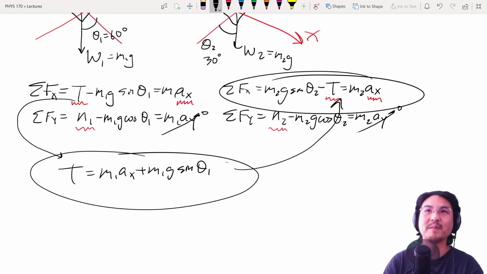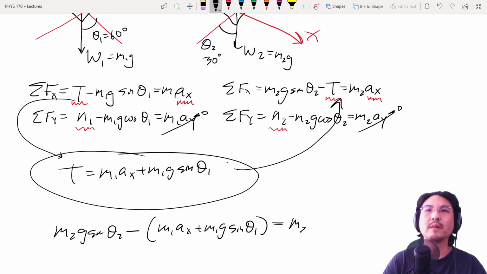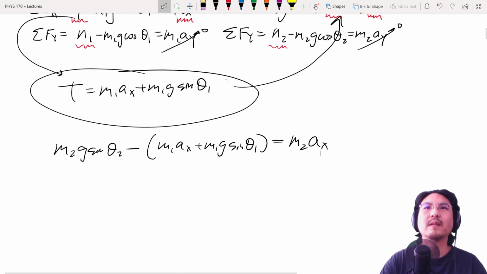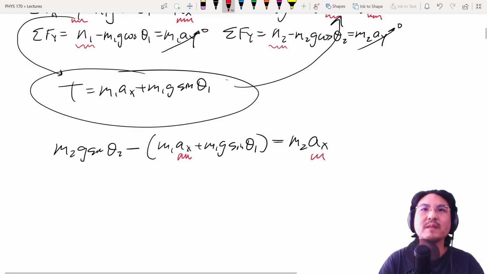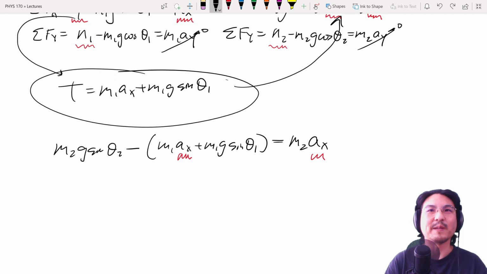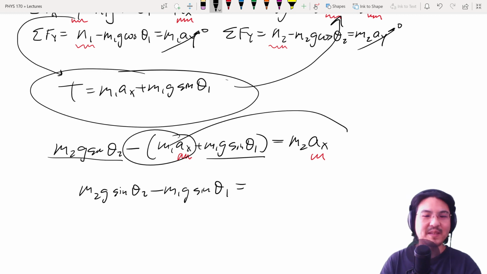So I'm going to write this equation: minus T equals, and then I still have this unknown, so I'll move this on that side of the equation, and what's left over is this and this, and then I'll move this on the other side.